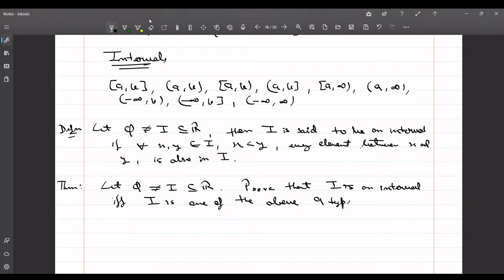So if I is one of these above 9 types, it's an interval. And since it is a biconditional statement, these 9 types are the only existing types of intervals. If you take a set which resembles any of these sets, it's an interval. Okay, sounds confusing.